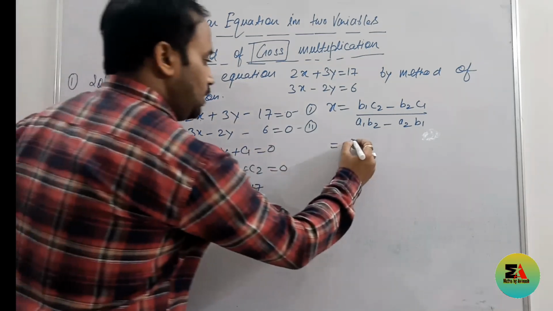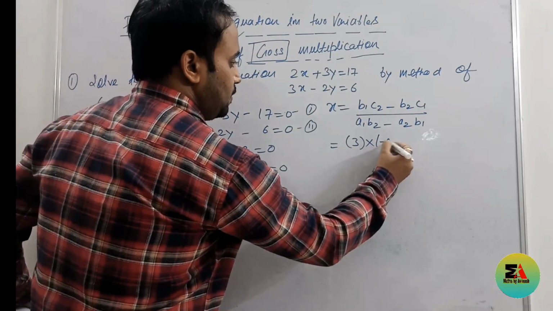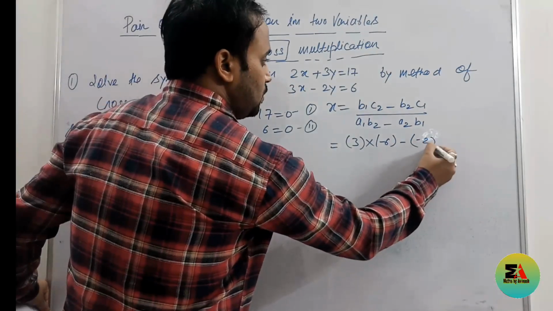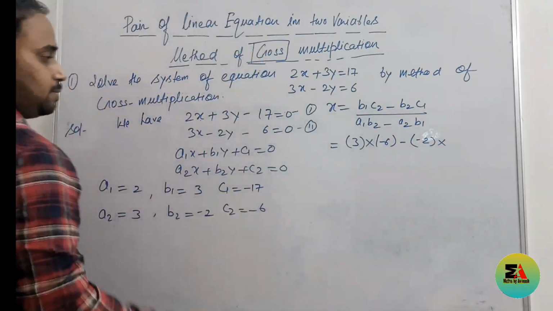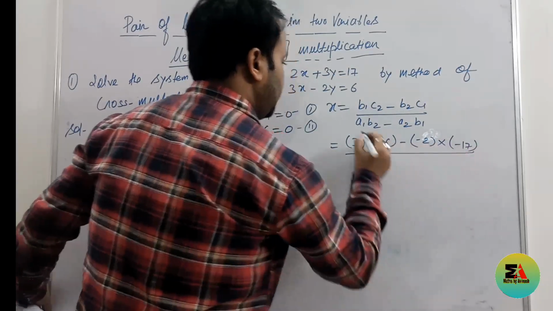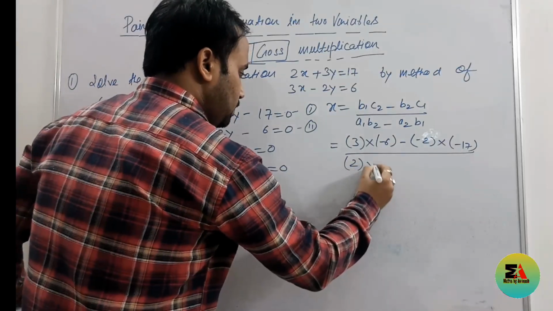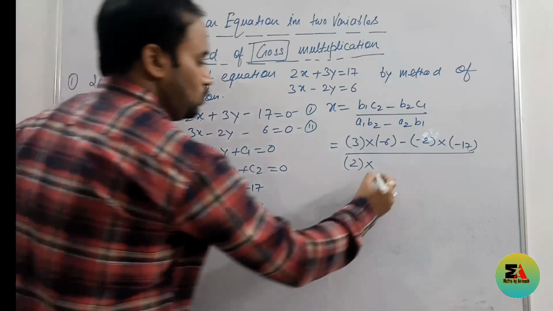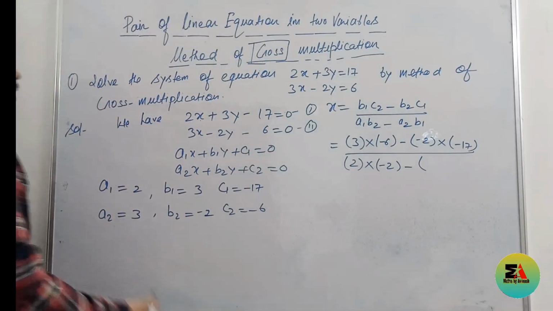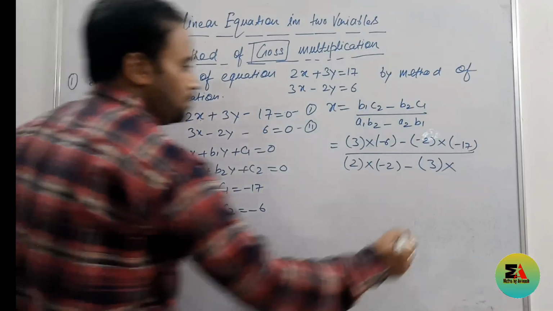Our b1 is 3 into c2, which is minus 6, minus b2, which is minus 2, into c1, which is minus 17, by a1b2, where a1 is 2 and b2 is minus 2, minus a2, which is 3, into b1, which is 3.